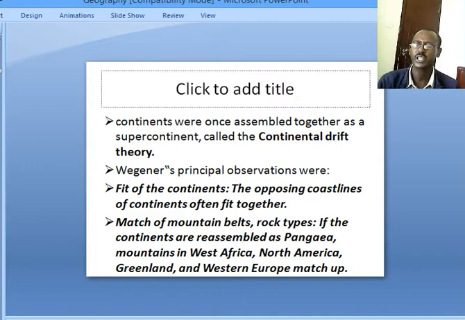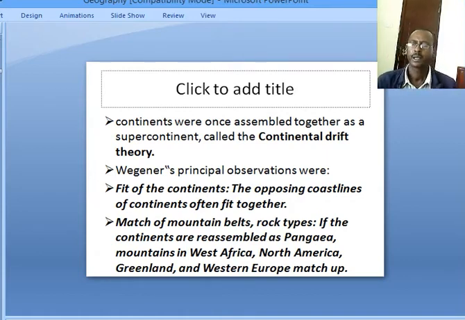The study shows that many million years ago there was one huge continent assembled together, and this is explained by the continental drift theory. The continental drift theory teaches about how continents were once assembled together millions of years ago.